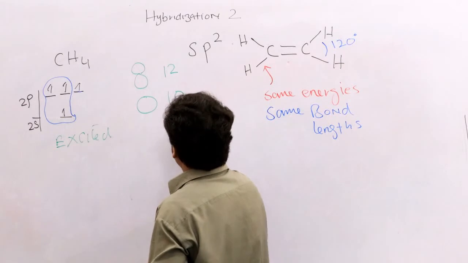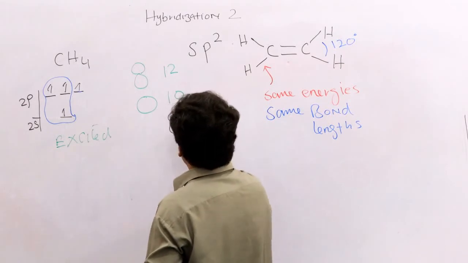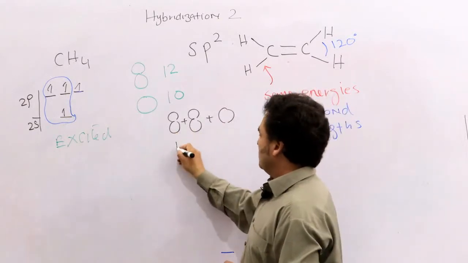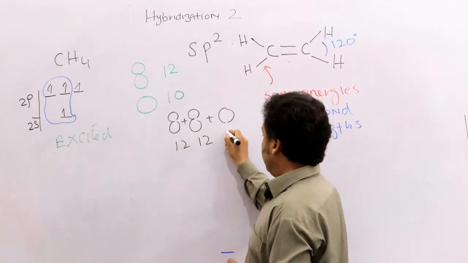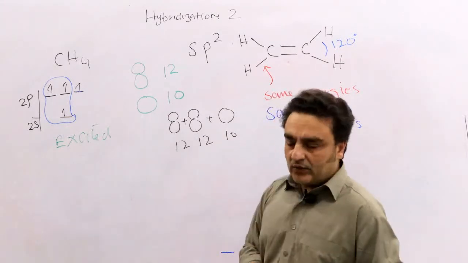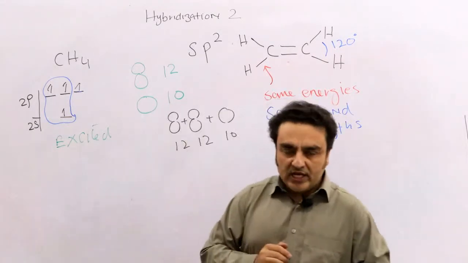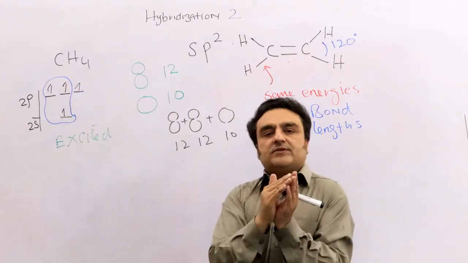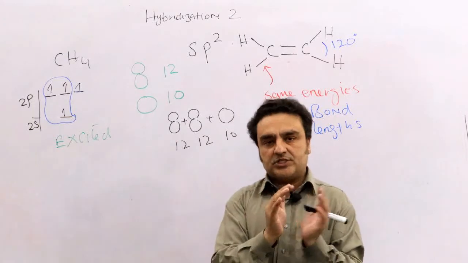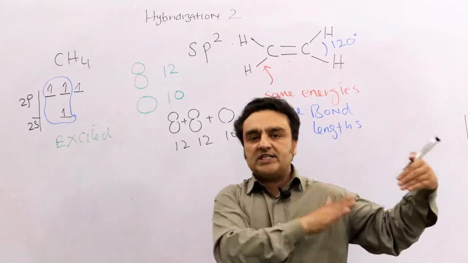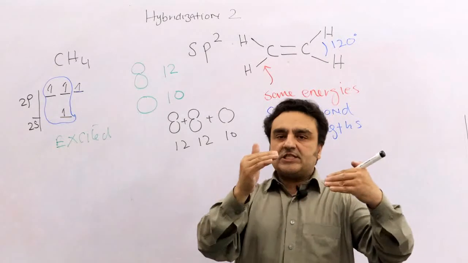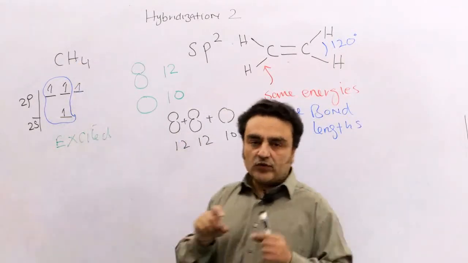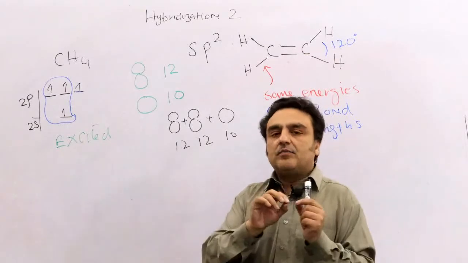So 2p plus 2p plus 2s: 12, 12 and 10. What will be the average energy of these hybrid orbitals? These three mix together and form a blend, a mixture type of orbital, which is called an sp2 hybrid orbital. We are doing this because we want to compare its energy with the CH4 sp3 bonding energies.